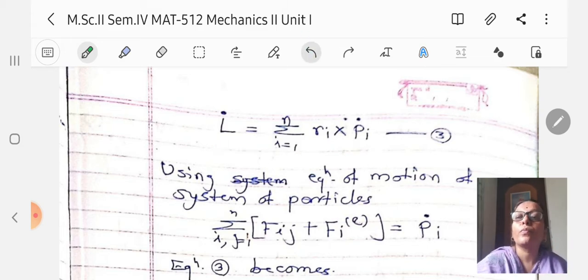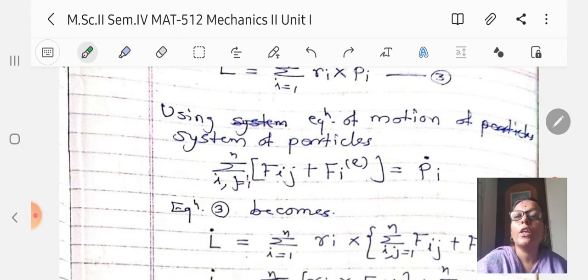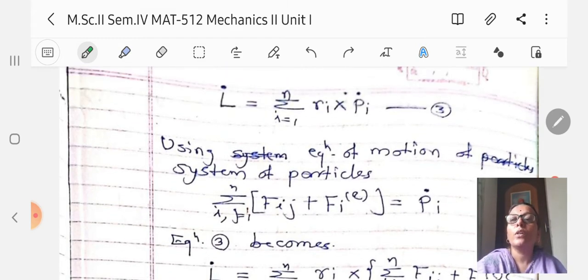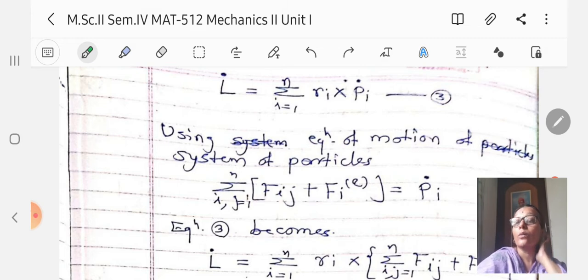Now, using the equation of motion of a system of particles, this equation was summation over i and j from 1 to n of internal force plus external force, that is F ij plus F i e, equal to p i dot.